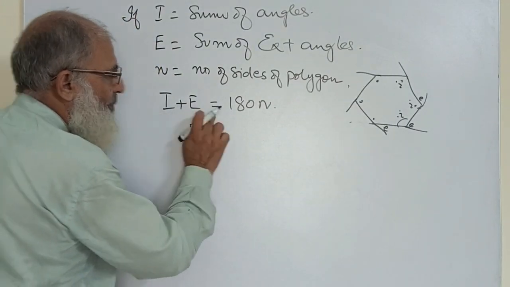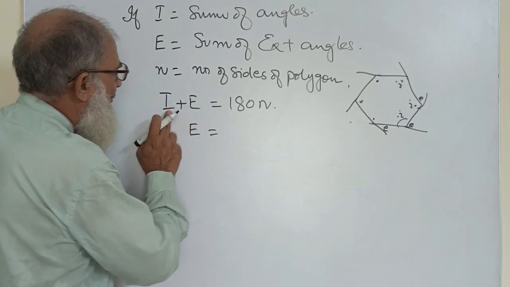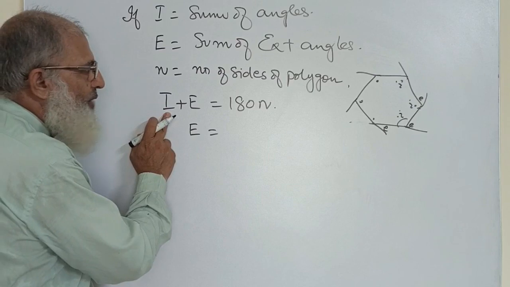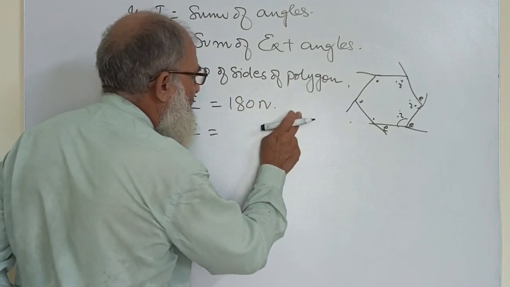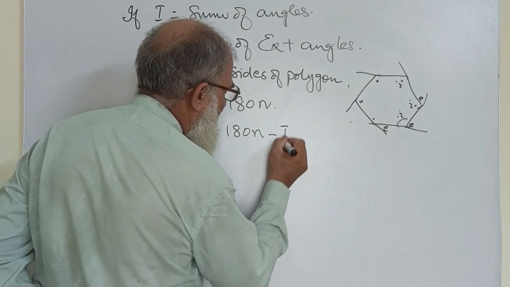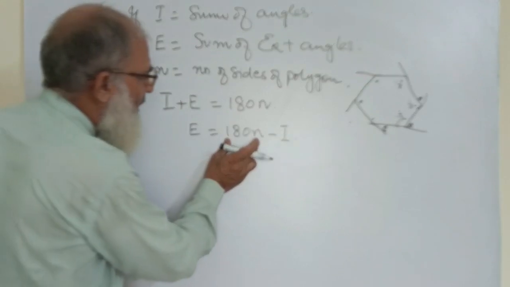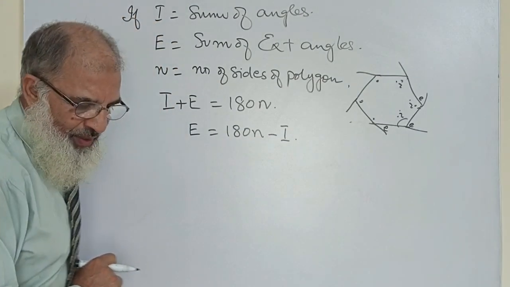If I apply a simple algebraic procedure, I can shift this I over here. So E is equal to 180 n minus I.